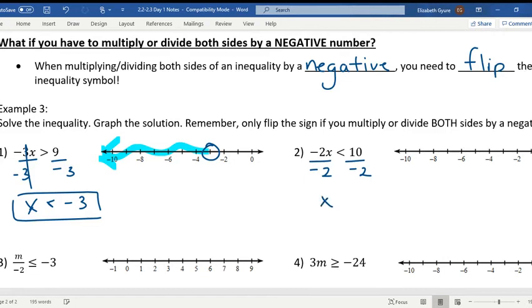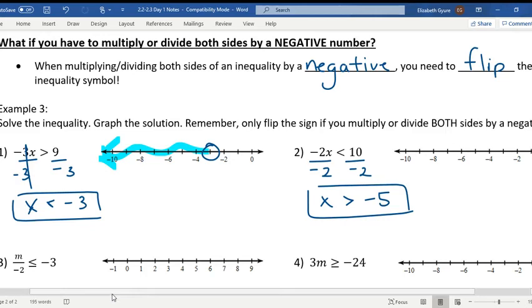So in this situation, do I need to flip my inequality? Are we dividing both sides by a negative? Yes. Flip your inequality, turn your less than into a greater than. And then what's 10 divided by -2? -5. Good.